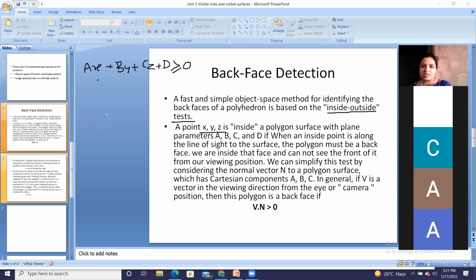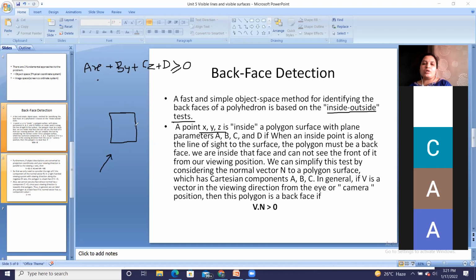Consider the surface. One more test with respect to back face detection is that we are going to denote the edges of the surface in an anti-clockwise manner. Suppose these are the 4 edges and the viewer is viewing from this side.